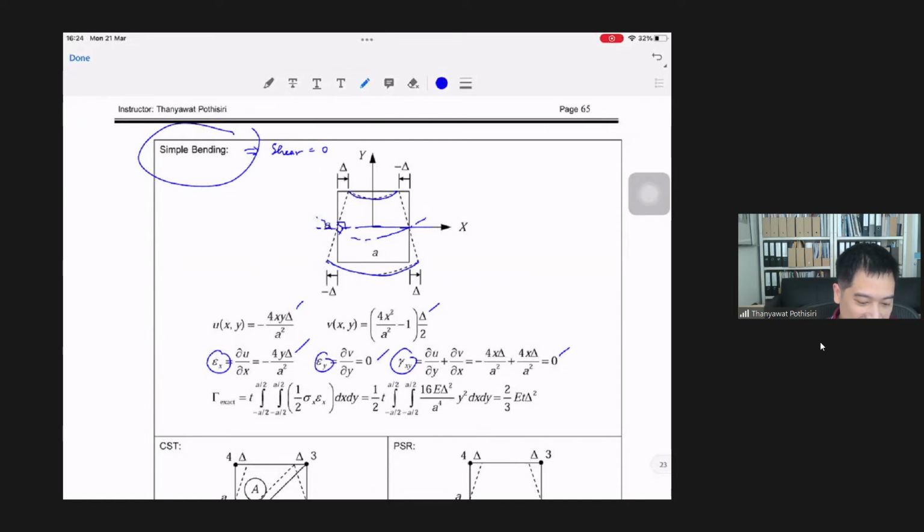So basically you are computing the integral between sigma and epsilon x to obtain the strain energy density function. And once you do that, then you compute the integral of the strain energy density function for the entire volume. So, which is this part right here, okay? So, in the end, you would obtain this term.